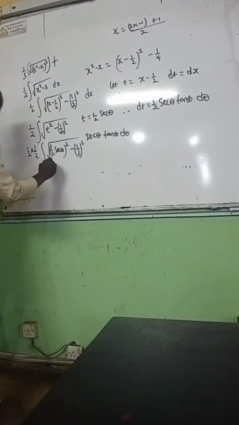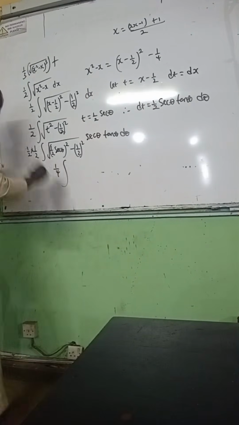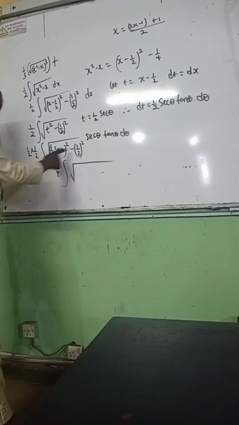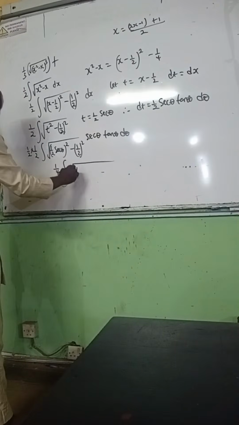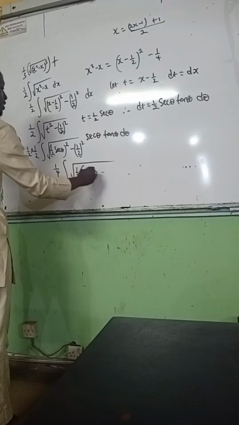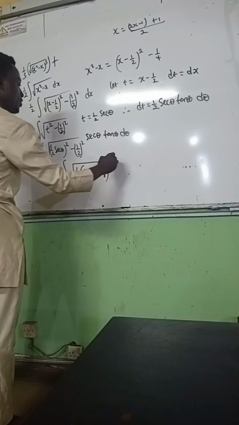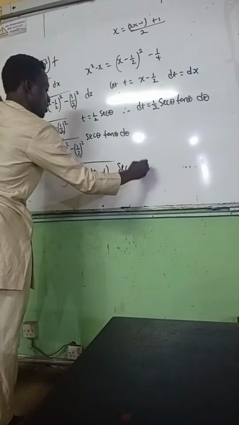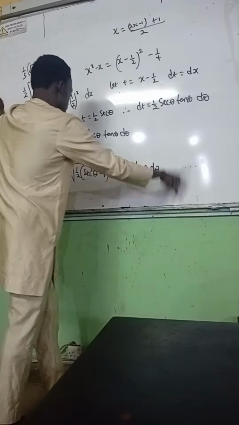So here we now have 1 over 4 integral of square root of what is common to them? 1 over 2, bring it out: 1 over 2 sec square theta minus 1, right? Multiply by sec theta tan theta d theta.